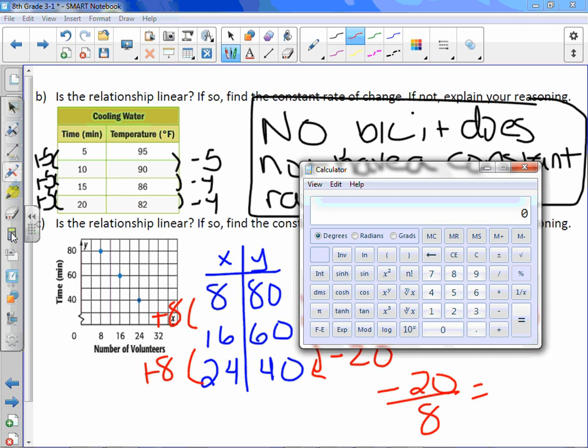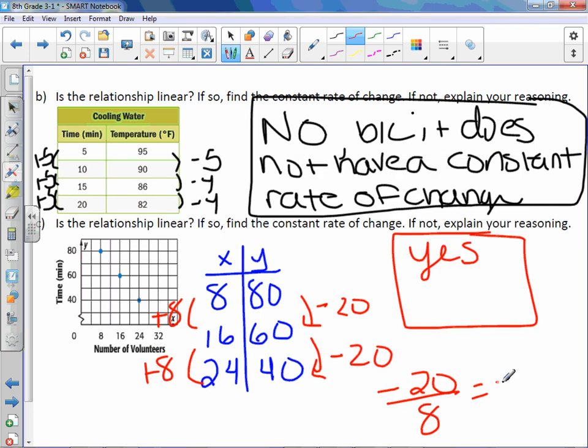So we have negative 20 divided by 8, which looks like negative 2.5. That's more realistic. So negative 2.5 is our constant rate of change, and it looks like this relationship drops 2.5 volunteers per minute.